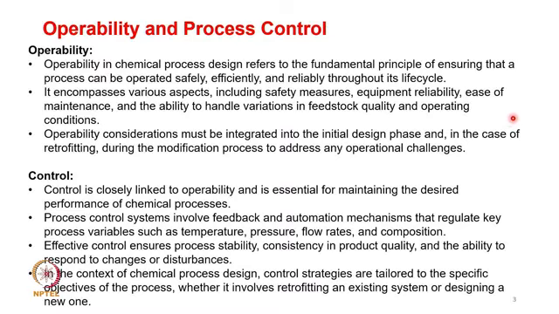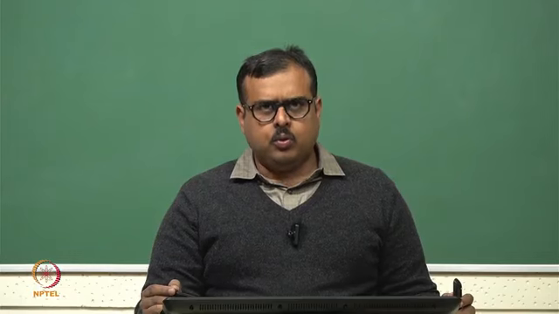So, we will start where we stopped, on operability. Operability in process design refers to the fundamental principle of ensuring how a process can be operated freely, efficiently and reliably. This encompasses various aspects that include reliability, safety measures, how to maintain an equipment, how you handle the variability in the feedstocks and so on and so forth.